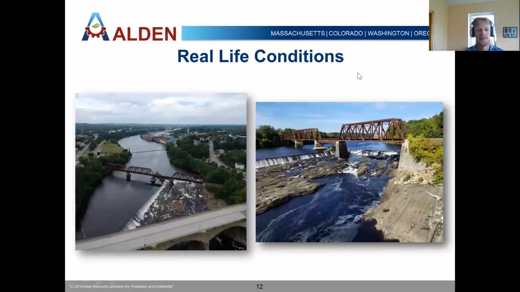So here's the real life conditions. And this is where it's quite surprising, where upstream, you can see the pedestrian bridge. However, the abutments don't appear to be actively in the channel. For this railroad bridge, you have several abutments, not just one.